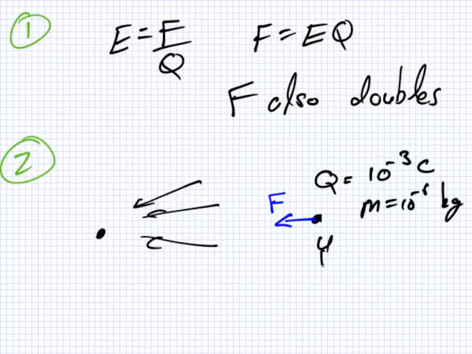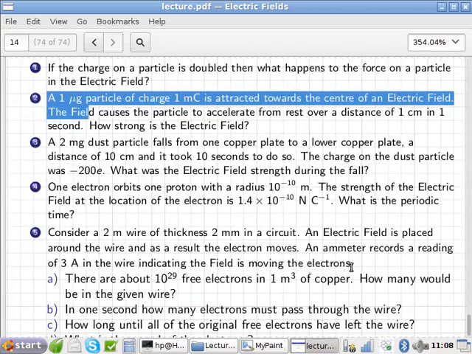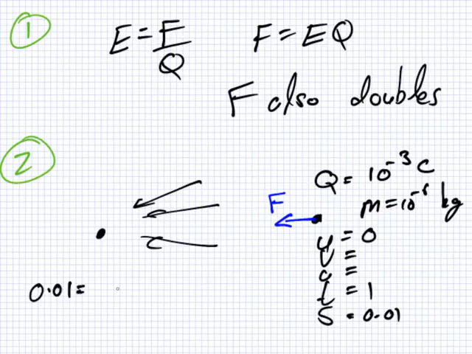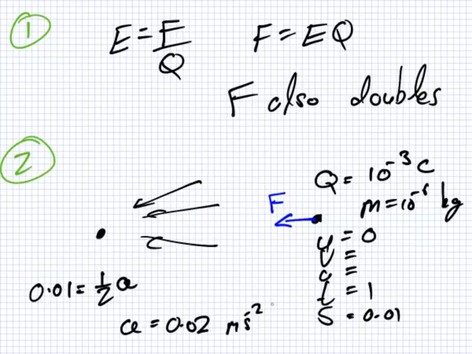So you have your UVATS. The U is 0, V we don't know, A we don't know, T is 1, S is 0.01. So if we just use S equals UT plus a half A T squared, then we get that A must equal 0.02 meters per second squared.